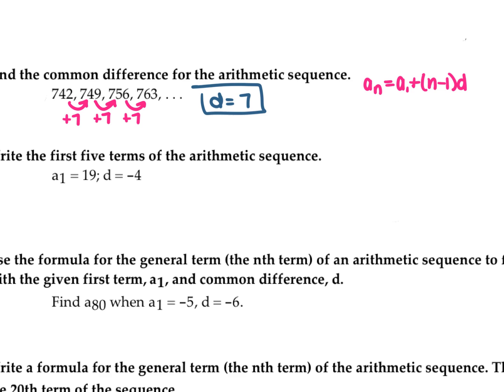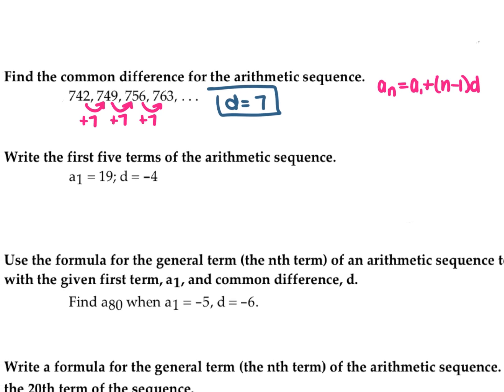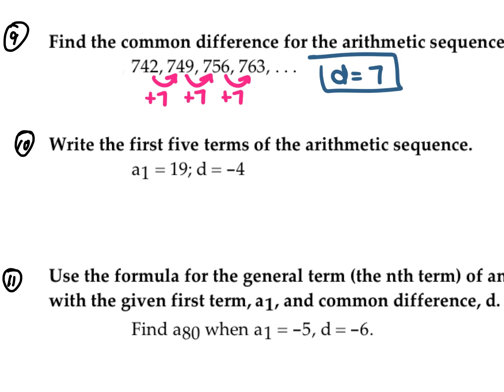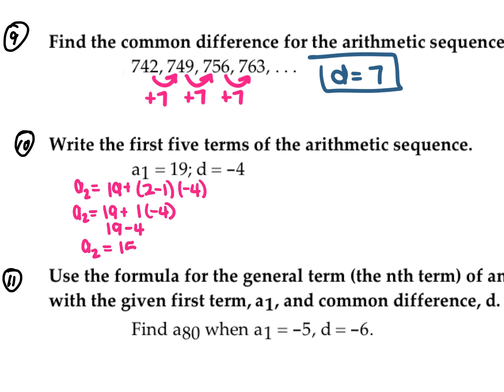For number 10, we are writing the first 5 terms of the arithmetic sequence, given the first term is 19 and your common difference is -4. So to find the second term, since we already have the first term, we're going to do 19 plus 2 minus 1 times -4. That's going to give us 19 plus 1 times -4. So 19 minus 4 gives us our second term of 15.